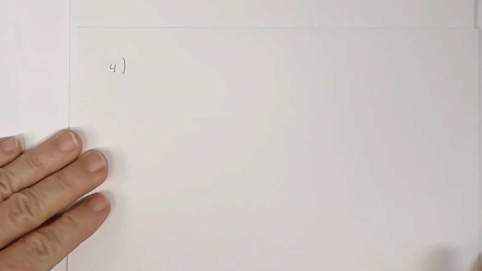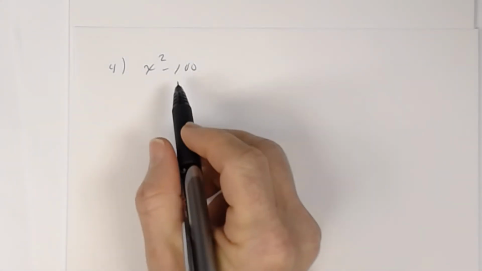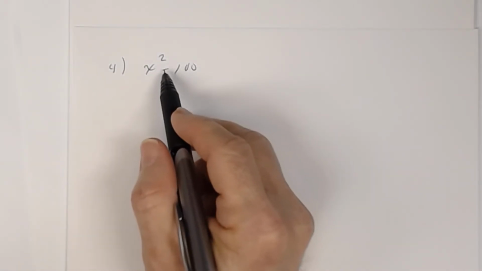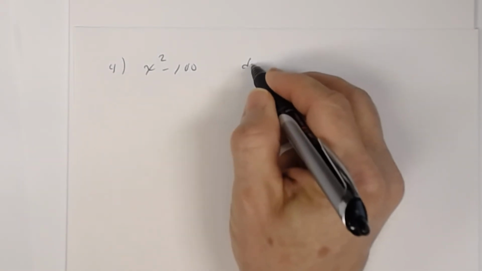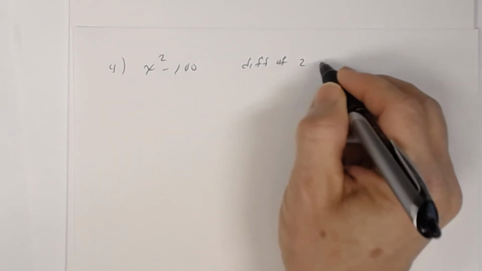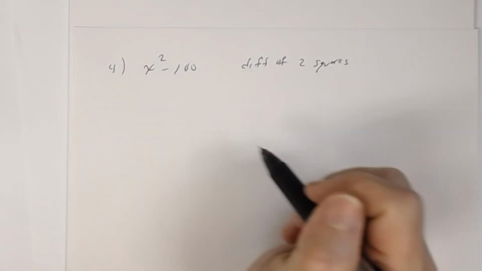Number 4, we have x squared minus 100. Now I want you to notice that, again, the GCF is 1, but I have two terms, and the middle sign's negative. And notice this is squared. So let's see if this is the difference of two squares this time, because the exponent here is 2.